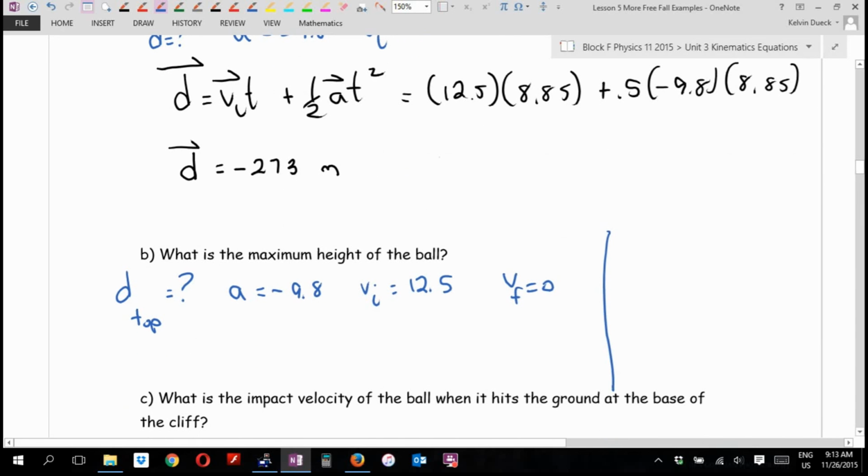You know what, Ryan? I think this is your equation again, isn't it? It's VF squared equals VI squared plus 2AD.